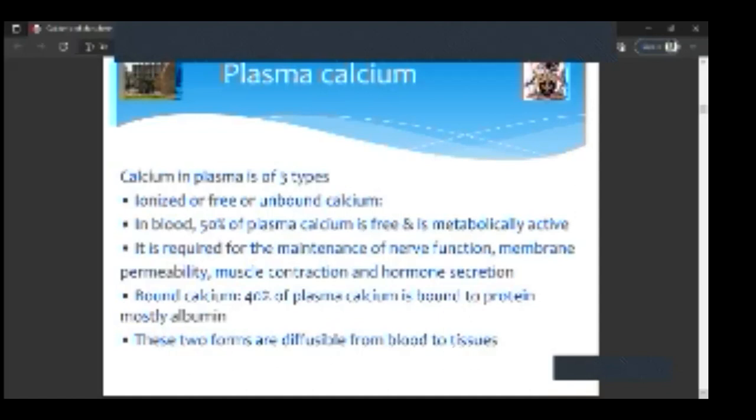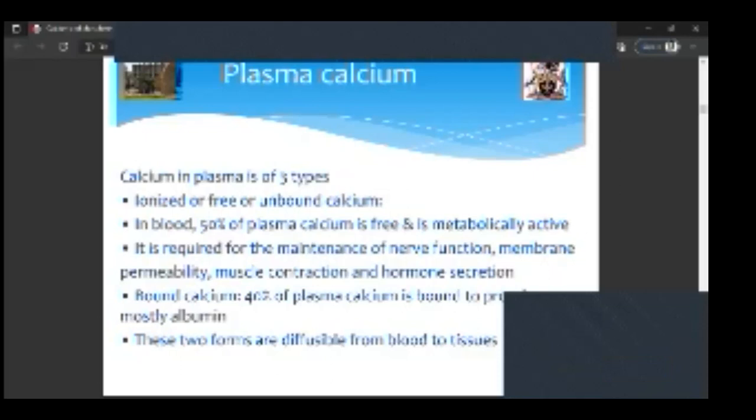Because in the situation where we don't have albumin, like malnutrition or loss of albumin due to liver disease or kidney disease, then you may overestimate the amount of calcium that is in the blood, because most of it will be in circulation. It will not be bound.